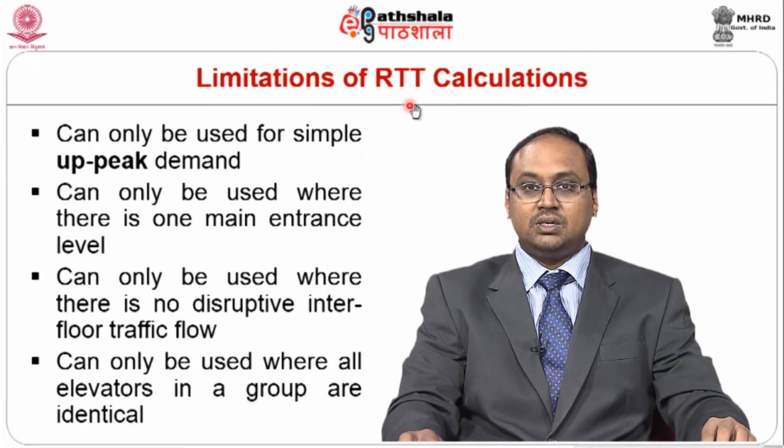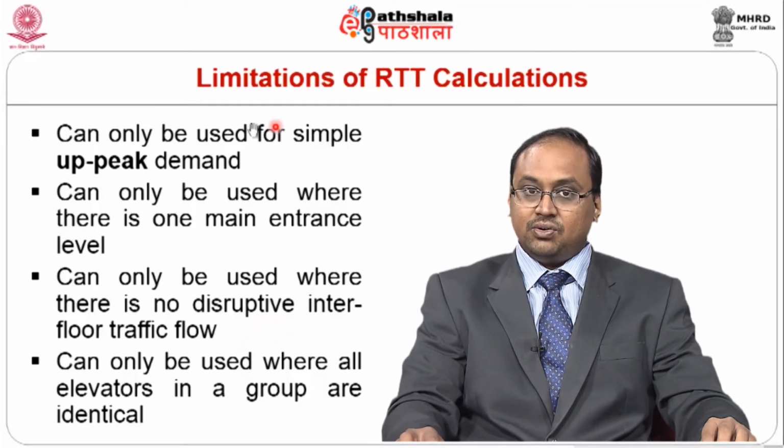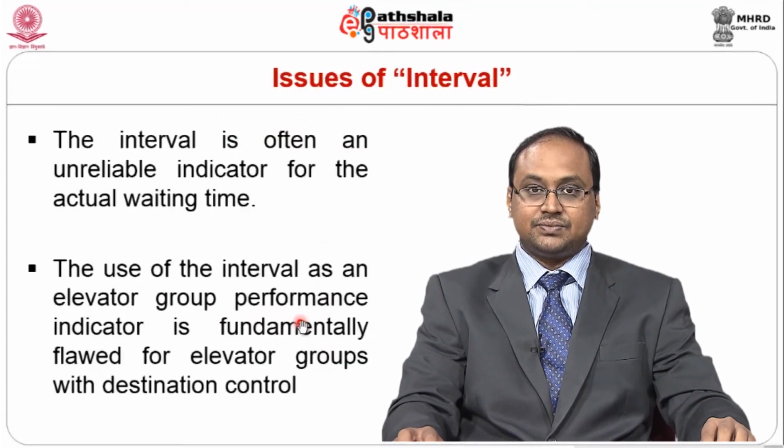Limitations of round trip time calculations: they can only be used for simple up-peak demand, only where there is one main entrance level, only where there is no disruptive inter-floor traffic flow, and only where all elevators in a group are identical, whereas most high-rise buildings do not fit into this category.